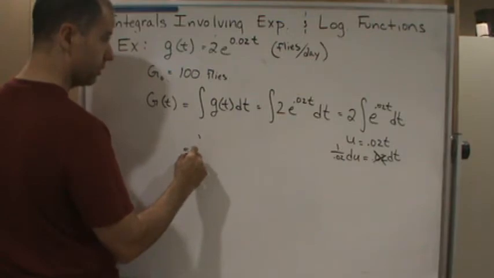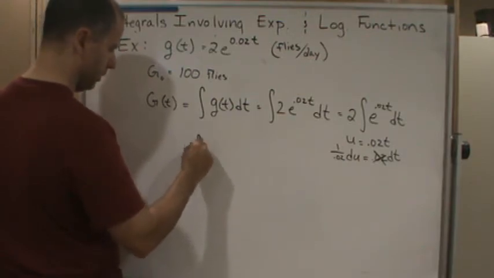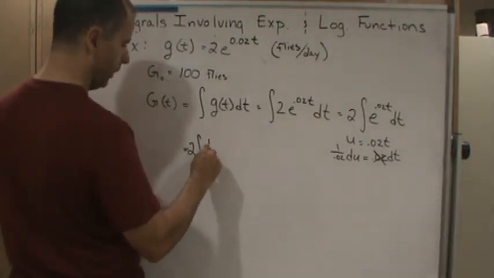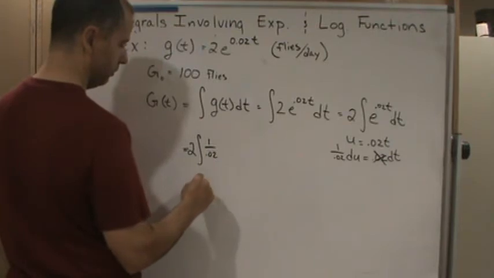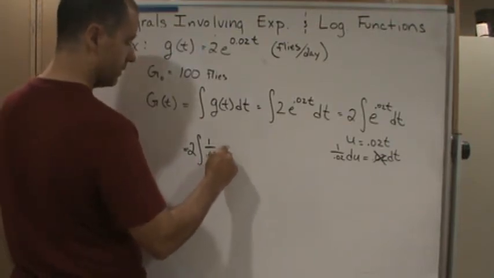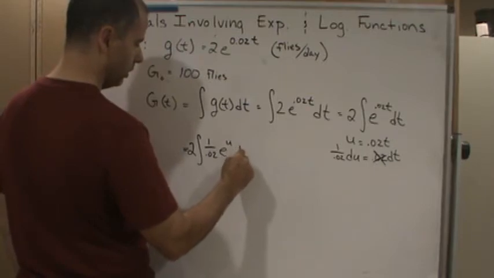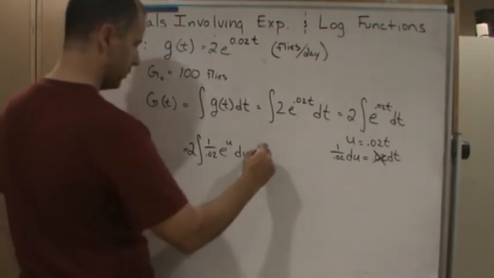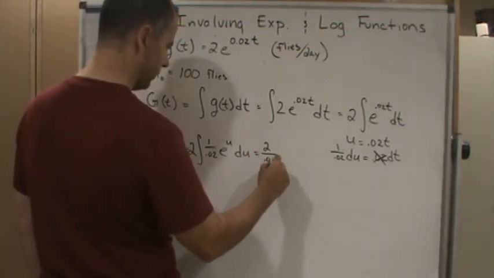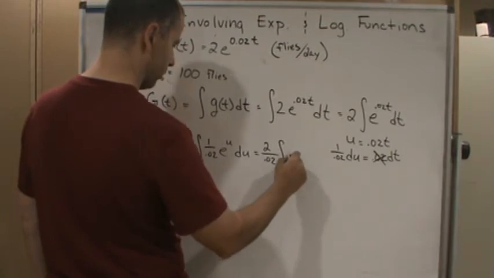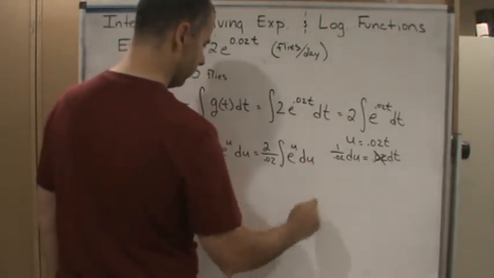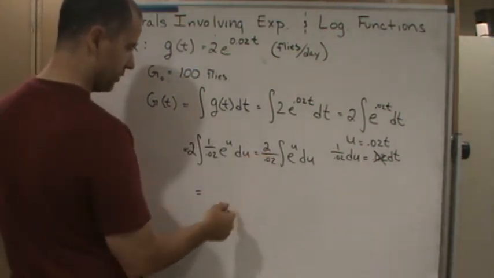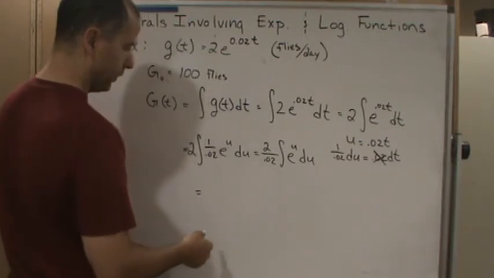I get 2 times the integral of 1 over 0.02 times e to the u du, which becomes 2 divided by 0.02 times the integral of e to the u du.